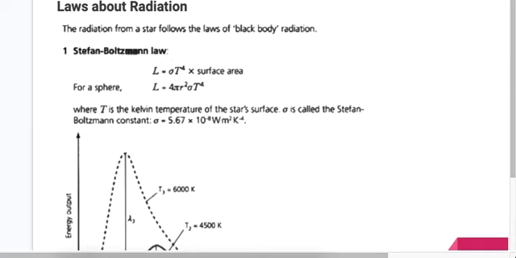Normally we'll use the surface area of a sphere, 4 pi r squared. So the main relationship here is between L and T. L is positively correlated with T, or rather L is proportional to T to the power 4. So luminosity L is proportional to T to the power of 4, which means that each time temperature goes up, its impact on luminosity is to the power 4.